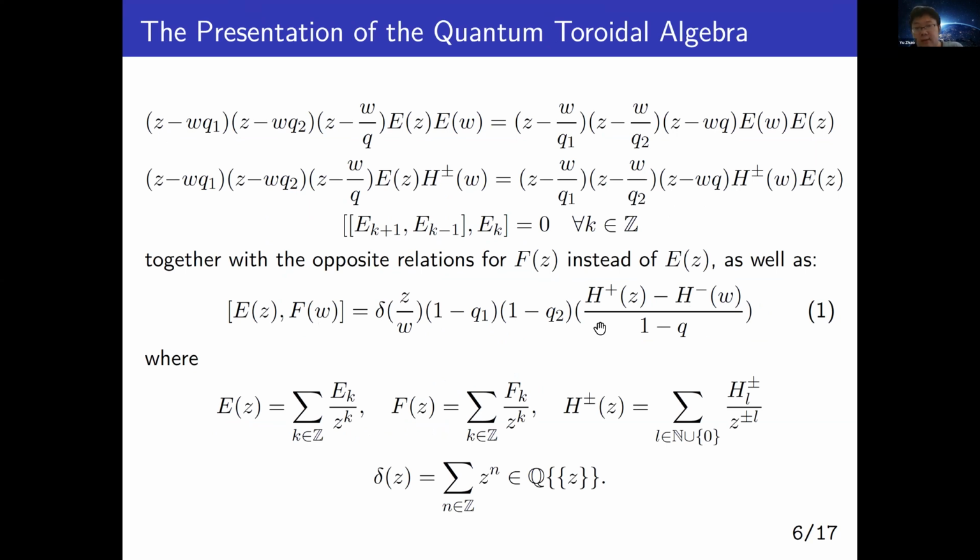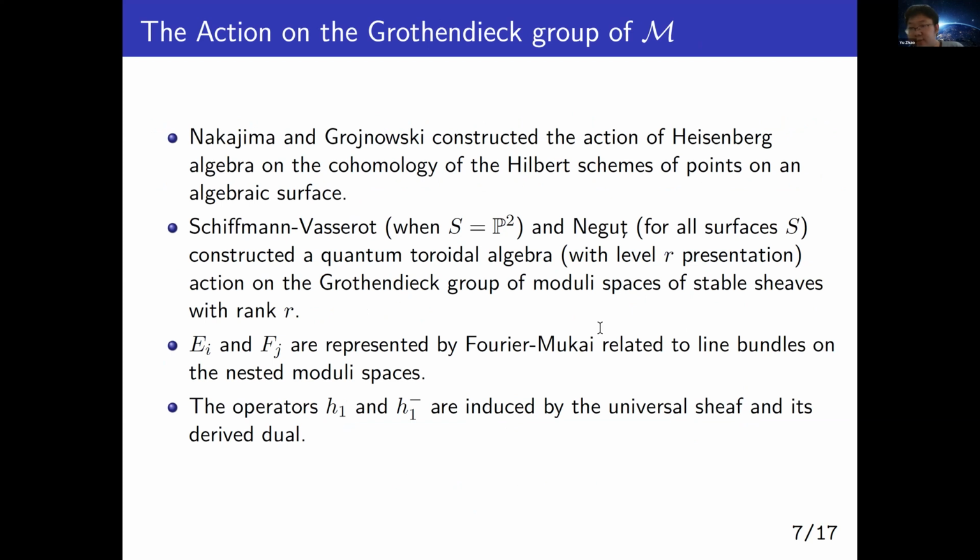Because we already introduced this algebra, the second question is what interesting representations we should consider of the quantum toroidal algebra. This answer is closely related to geometric representation theory. First, let us remind the case of the Heisenberg algebra. In the 1990s, Nakajima and Grojnowski constructed the action of the Heisenberg algebra on the cohomology of the Hilbert schemes of points on an algebraic surface.